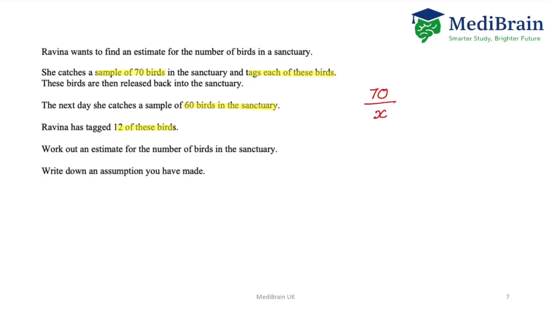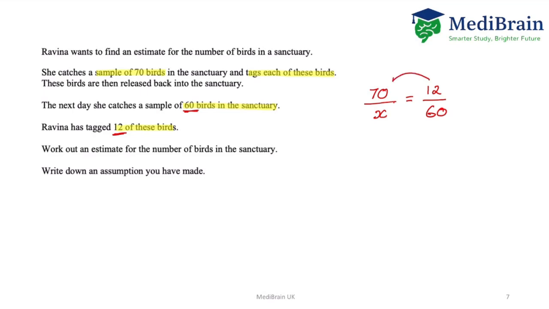So we're just going to call that X. And that's equal to our second fraction. This time we've got 60 birds and 12 of these birds have already been tagged. So we've got 12 that have been tagged over 60 that we caught.